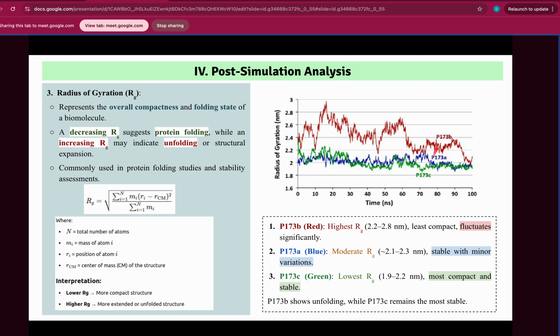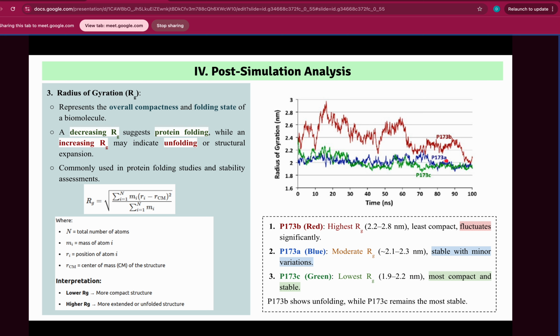If we compare among these three cases, P173A, B and C, you will see that my P173C condition, which is green, has the lowest radius of gyration as compared to 173A and B. If you start from here, you will see it has the lowest radius of gyration, which means this particular protein is most stable and highly compact.